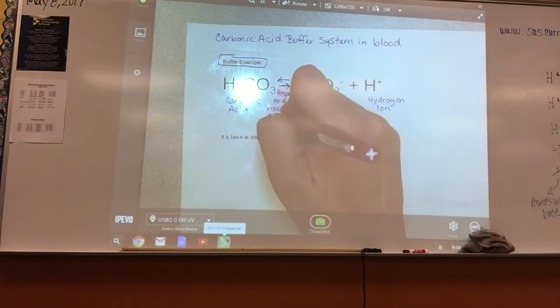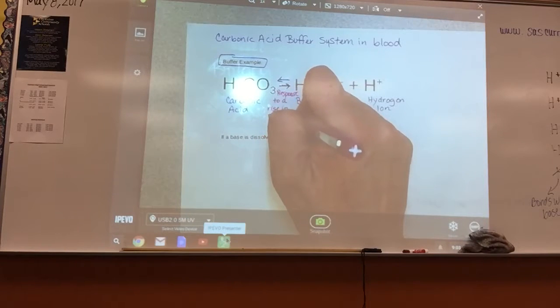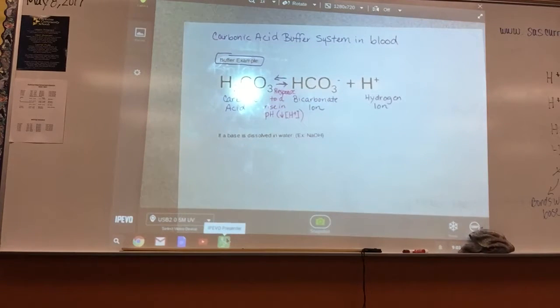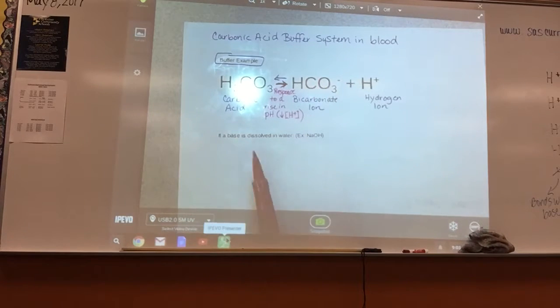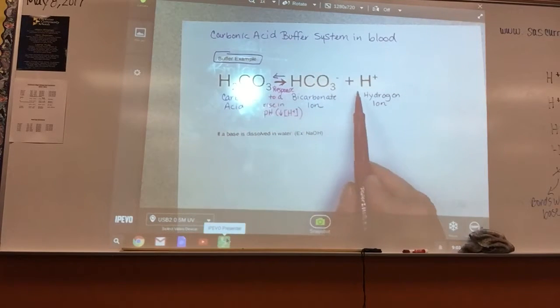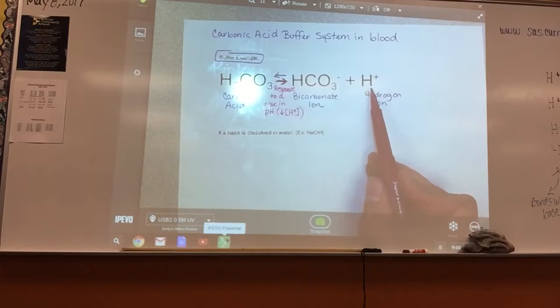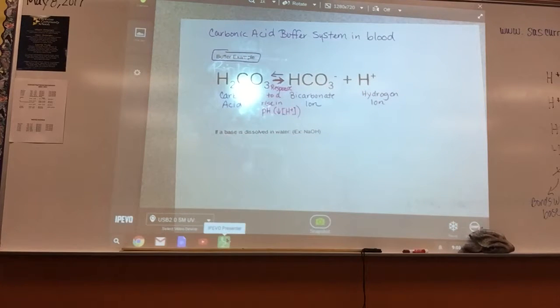Rise in pH, it goes down. So I'm just going to put a down arrow for decreased. So you have a decreased hydrogen ion concentration. And so the buffer system will go from left to right, releasing H pluses and bringing the H plus ion concentration back to what it was.